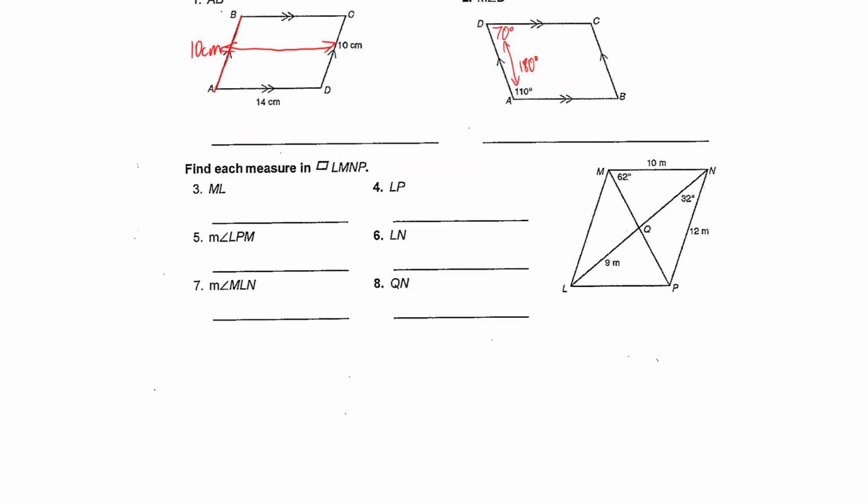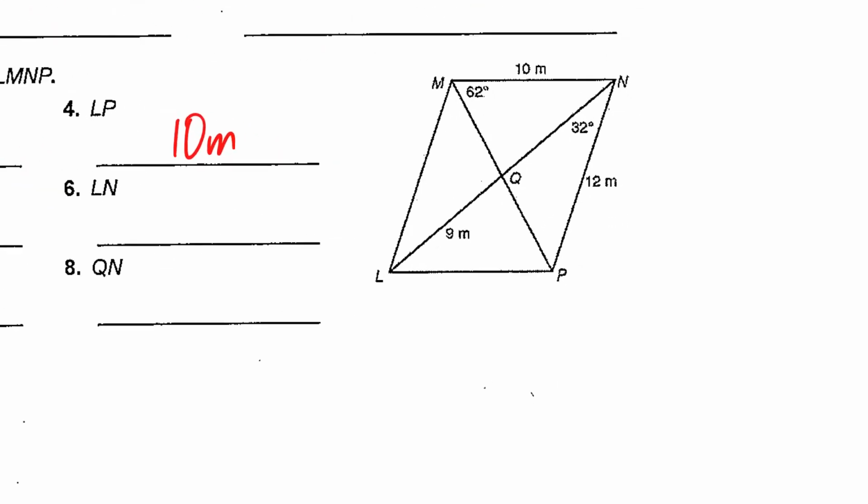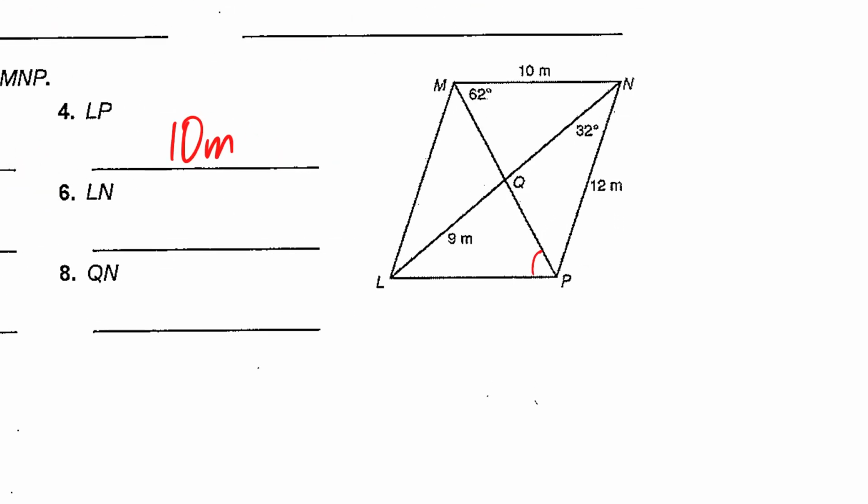All right, number 3, how long is ML? It's 12 meters. How long is LP? 10 meters. It's the same as this one over here. Number 5 asks for the measurement of angle LPM. So LPM is this angle right here.